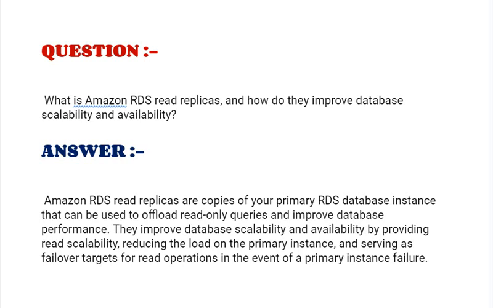They improve database scalability and availability by providing read scalability, reducing the load on the primary instance, and serving as failover targets for read operations in the event of a primary instance failure.